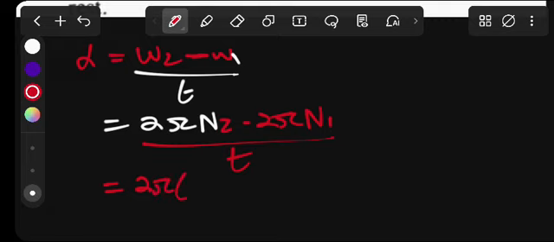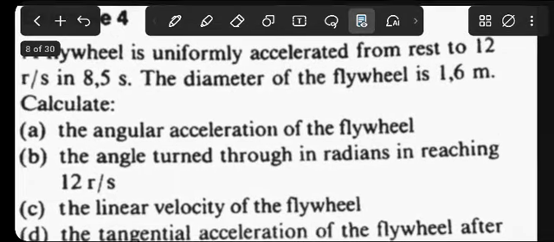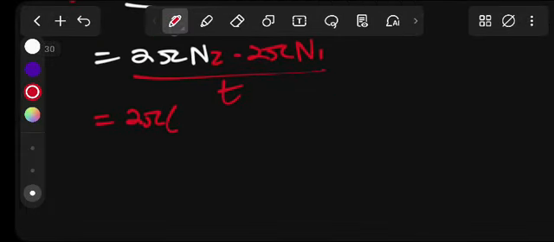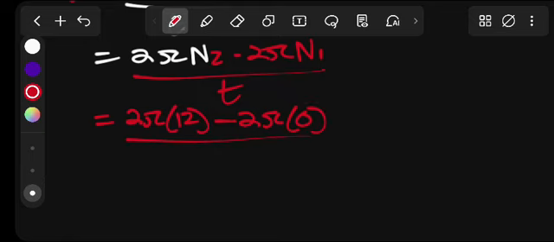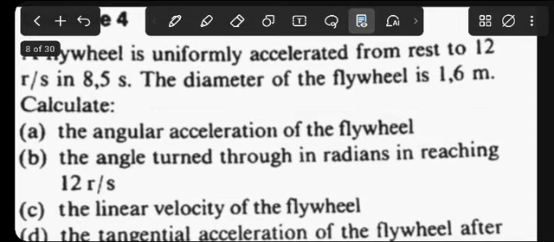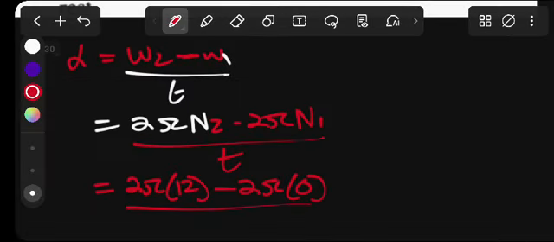Our final one is what? Rev is 12. So we have here 12 minus 2π, and initially it started at 0. Then the time there is 8.5.